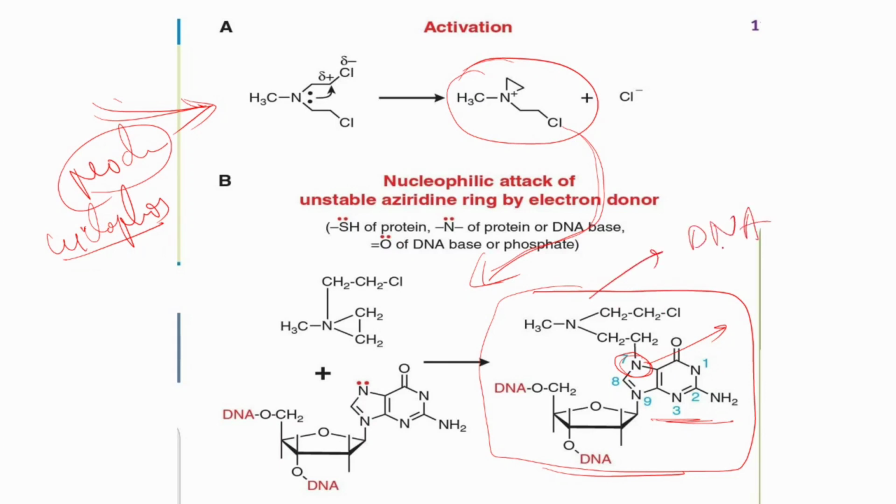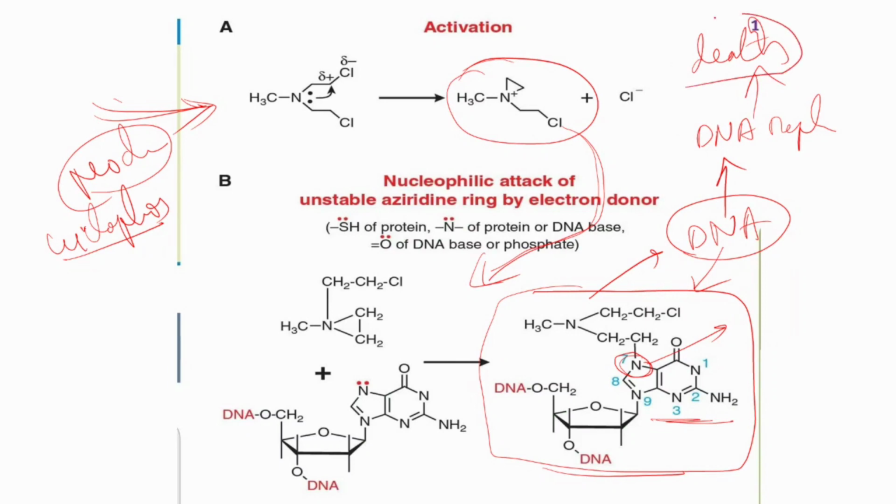So DNA alkylation occurs when the alkyl group goes and binds on the DNA. It forms alkylated DNA, and this DNA further stops DNA replication, and further it will cause death of the susceptible neoplastic cell. So this is the mechanism of alkylating agents.